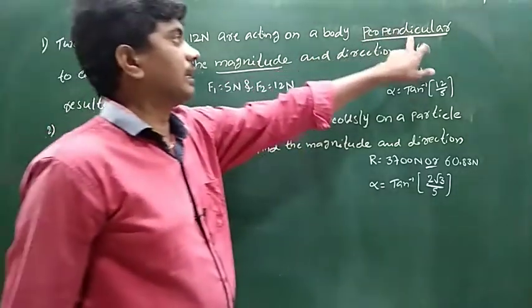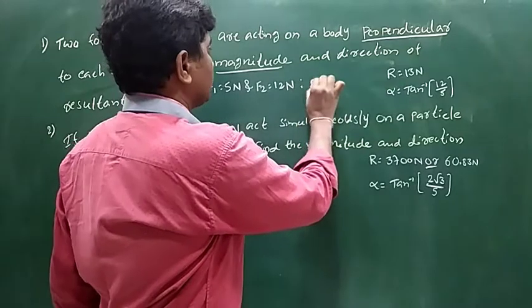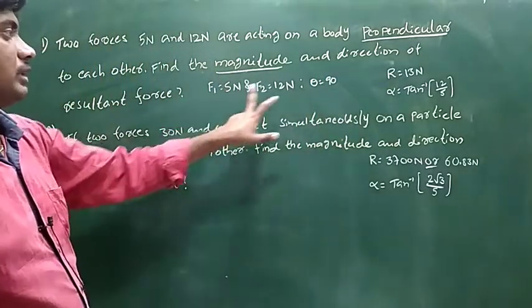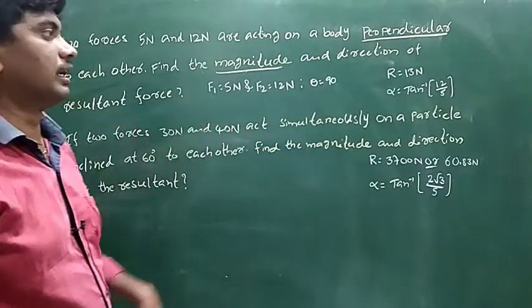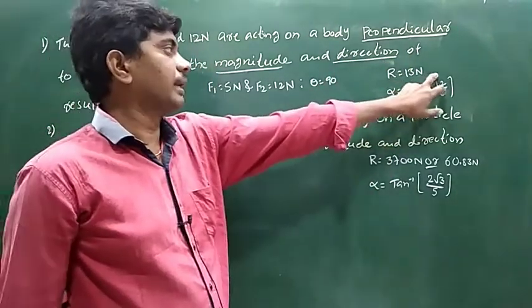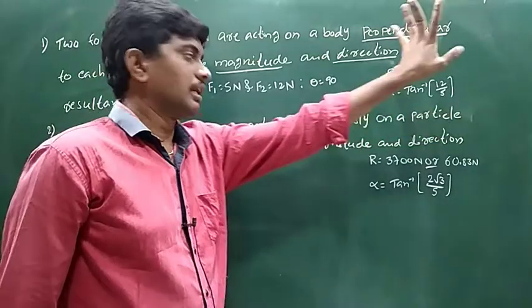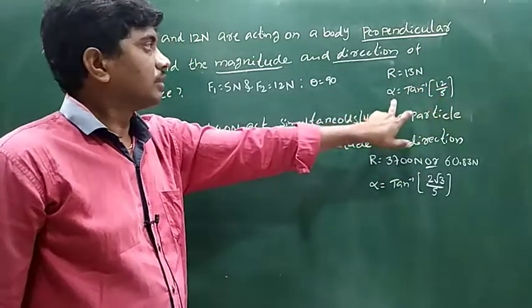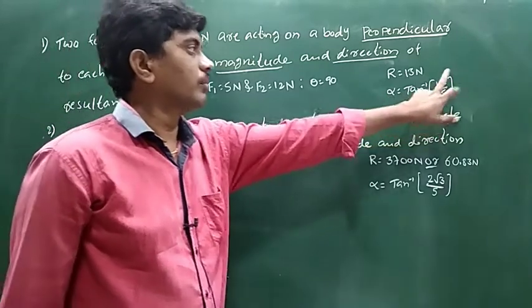Perpendicular, so theta is equal to 90 degrees. Next is the direction: alpha is equal to tan inverse of B sin theta by A plus B cos theta. The answer is the resultant vector is 13 newtons. The direction alpha is equal to tan inverse 12 by 5.